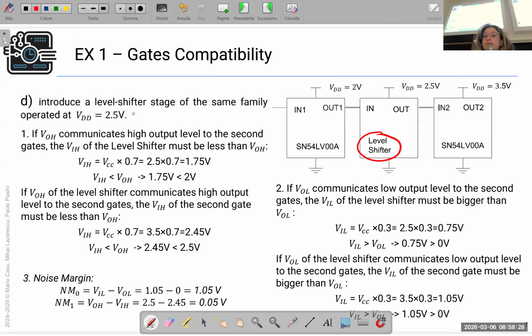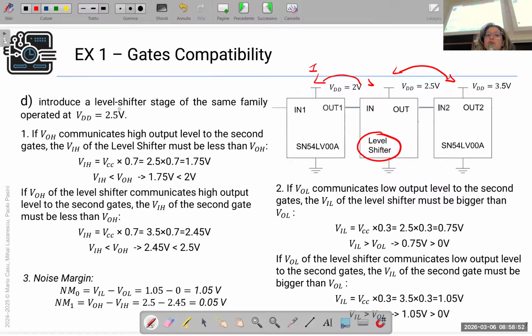So, if there are now 3 gates, we have to see the compatibility between the first and the middle, and between the middle and the second. So now the conditions are double. If these are respected, all the circuits can work fine.